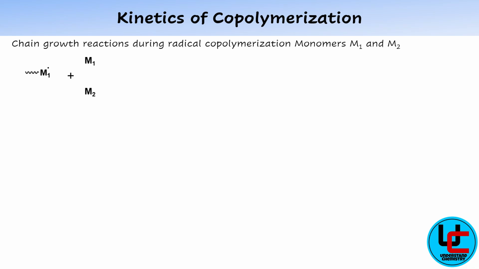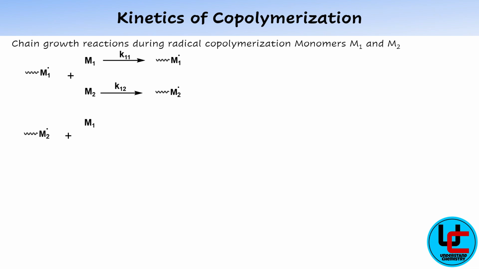When it reacts with M1, the new chain will end in M1. The rate constant of the reaction is shown by K11, and when a growing M1 chain reacts with M2, the new chain ends in M2. The rate constant for this reaction will be K12.